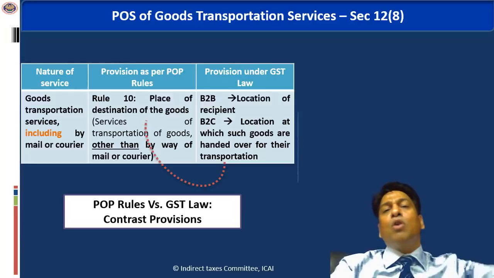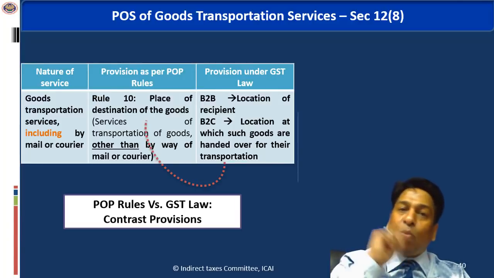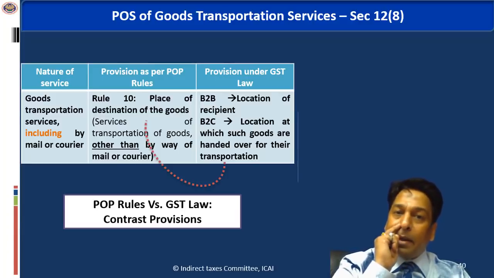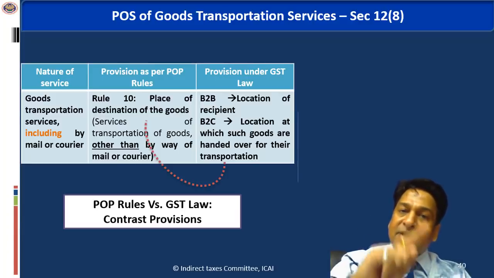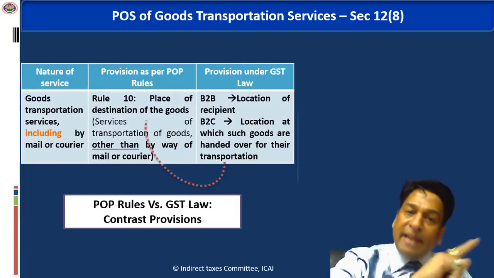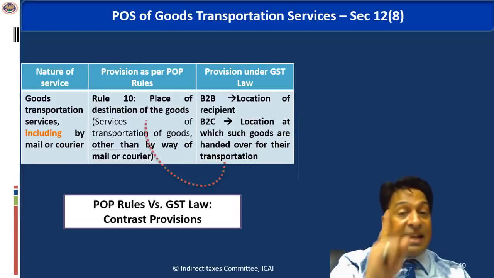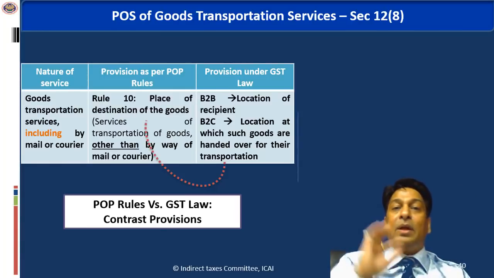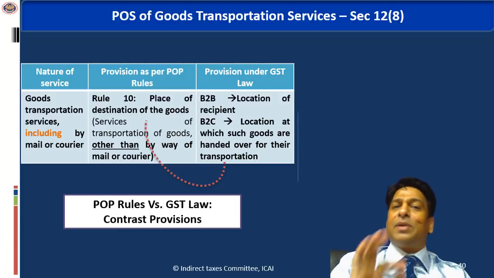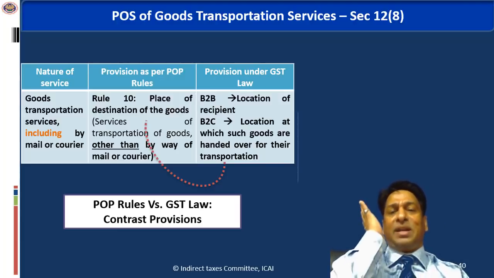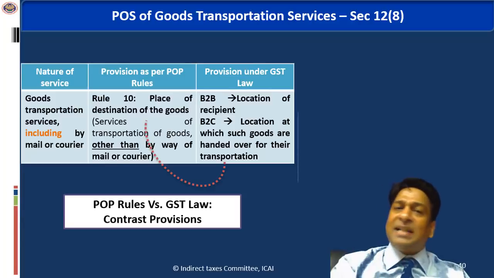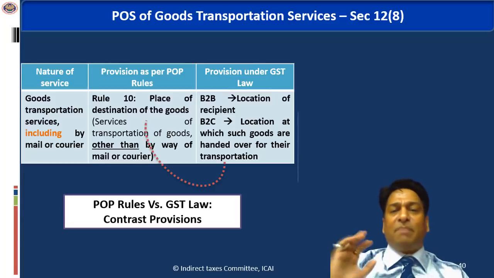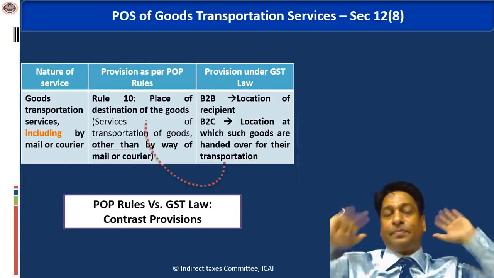From Gurgaon to Mumbai, tell me, what would be the place of supply? Whether intrastate or interstate? I said if it is B2B, location of recipient, the transaction would be intrastate. If reverse charge is applicable, apply the same provision, but it would be intrastate.